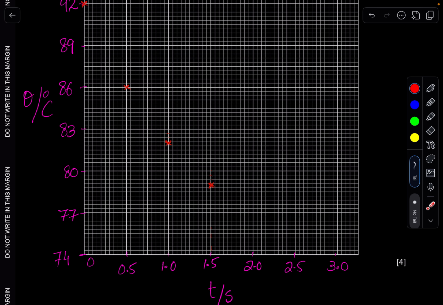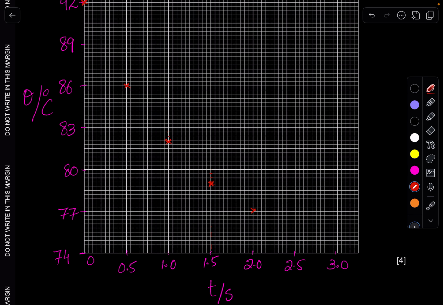The next coordinate is 2 and 77. This is 2 and this point is 77, so it's easy. And 2.5 and 75. 2.5 is there, and 75, this is 74.